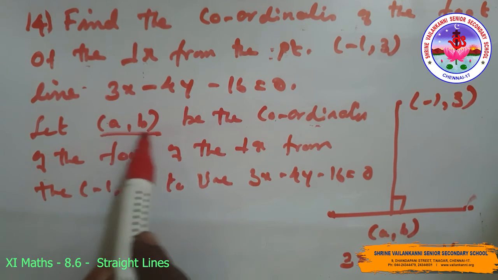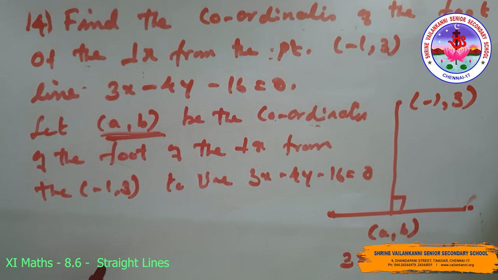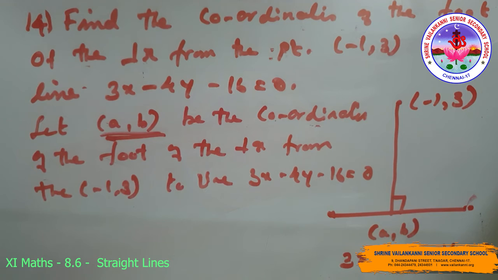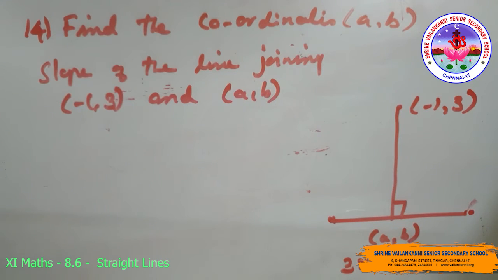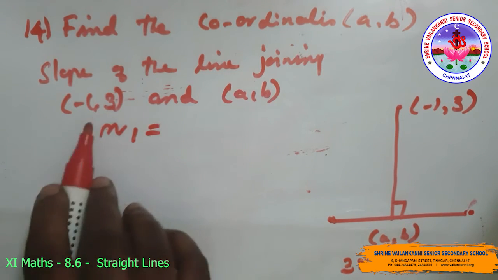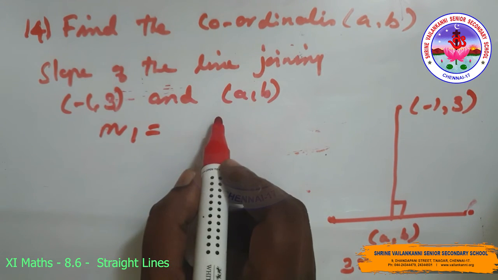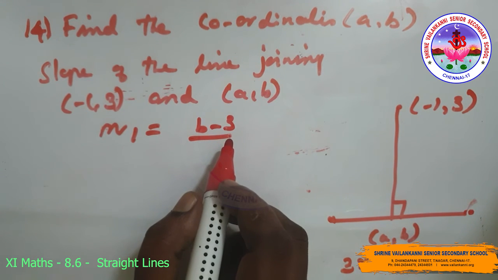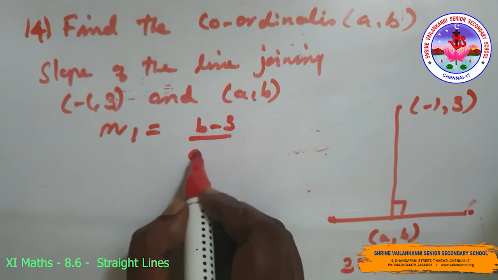We have to find the coordinates a comma b. So the slope of the line joining the point minus 1 comma 3 and a comma b, we can take as m1. Using the 2-point form, b minus 3 by a minus of minus 1, which is a plus 1.